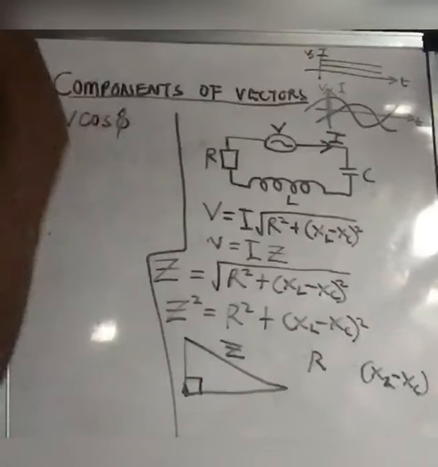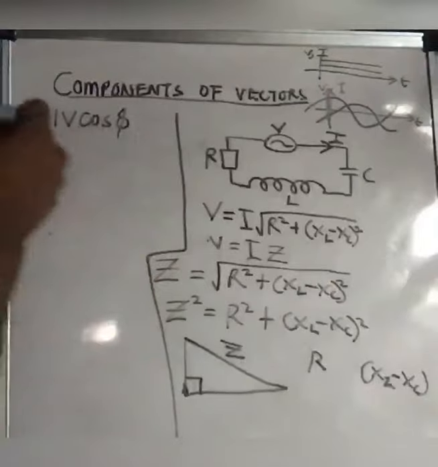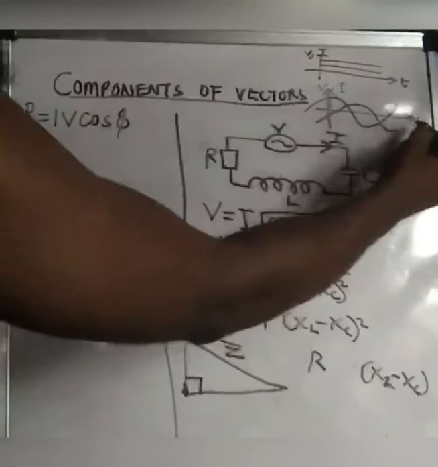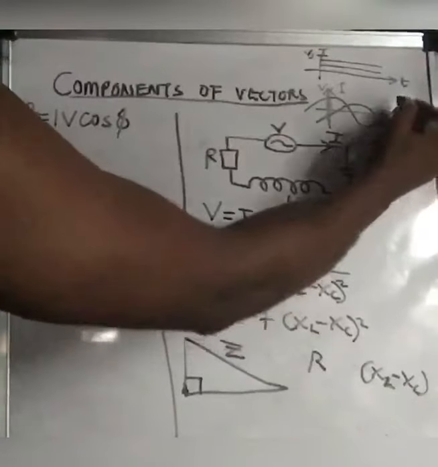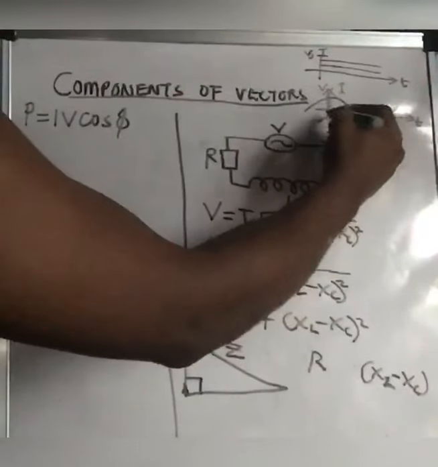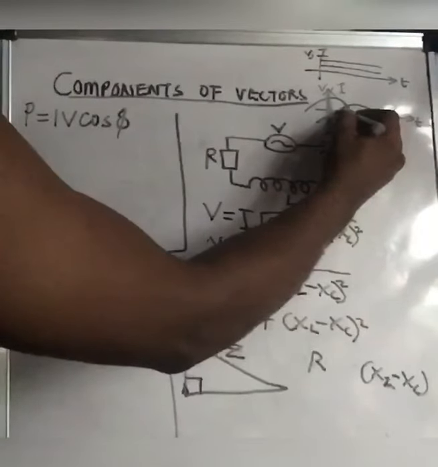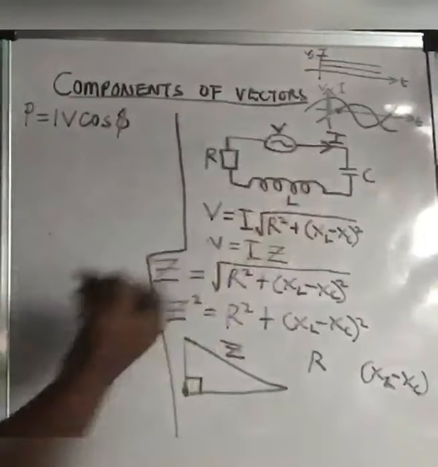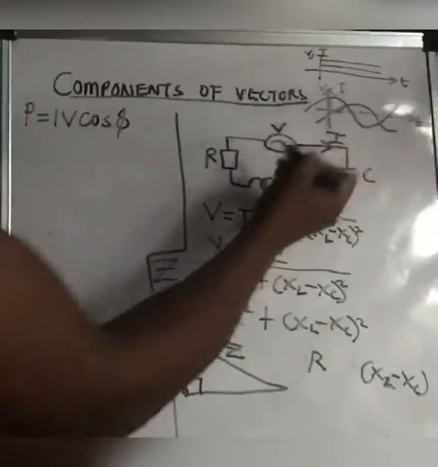You'll notice that, first of all, the values are fluctuating. Then the time it will take the voltage to reach zero, or the current, because any of these could be the current or the voltage, is different from the time it takes the other one to reach the zero mark.